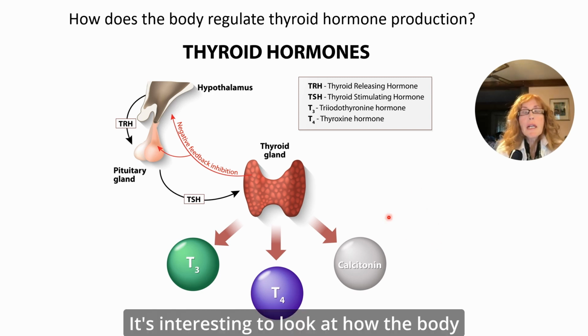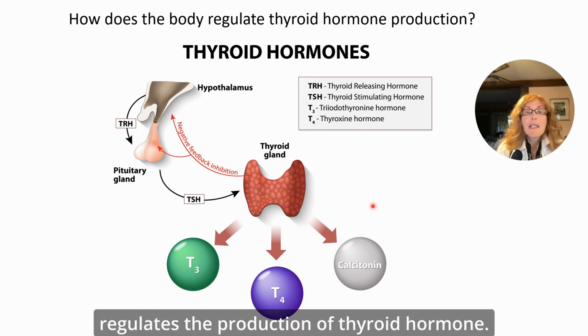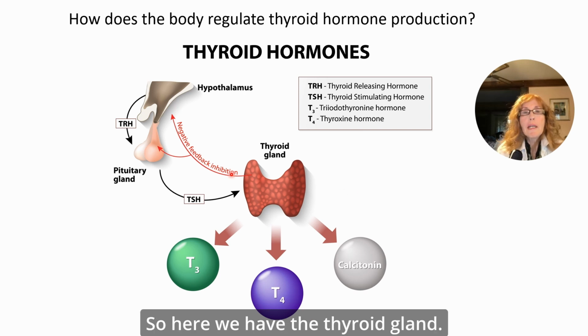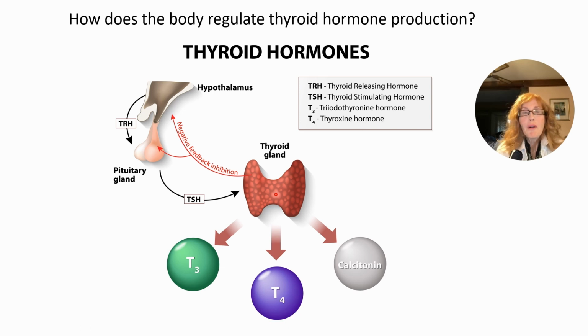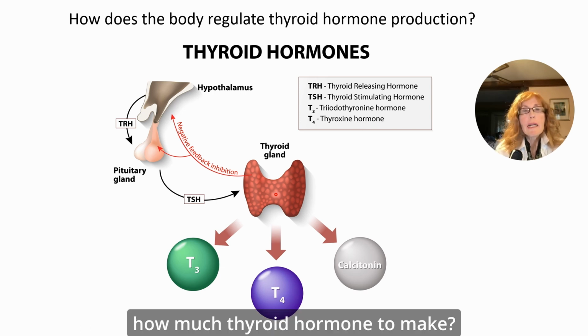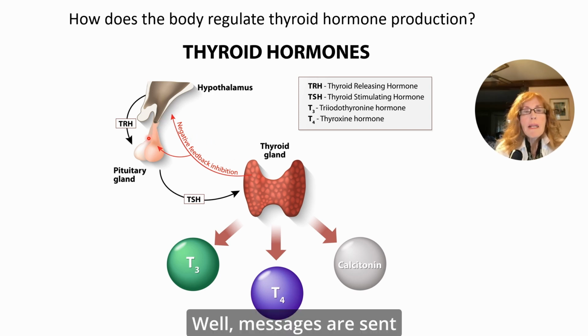It's interesting to look at how the body regulates the production of thyroid hormone. So here we have the thyroid gland. So how does the thyroid gland know how much thyroid hormone to make? Well, messages are sent here from the pituitary gland.